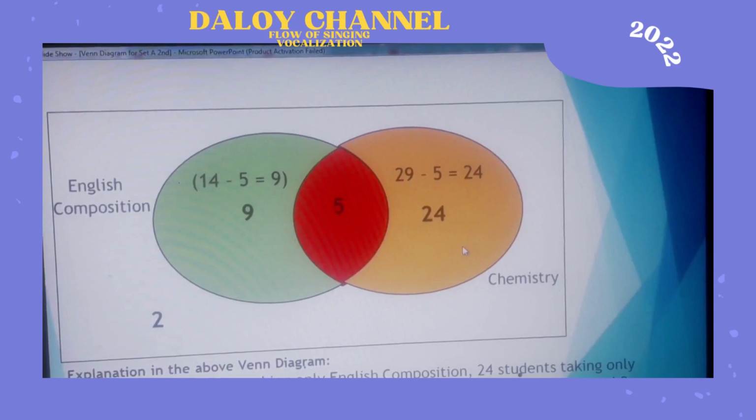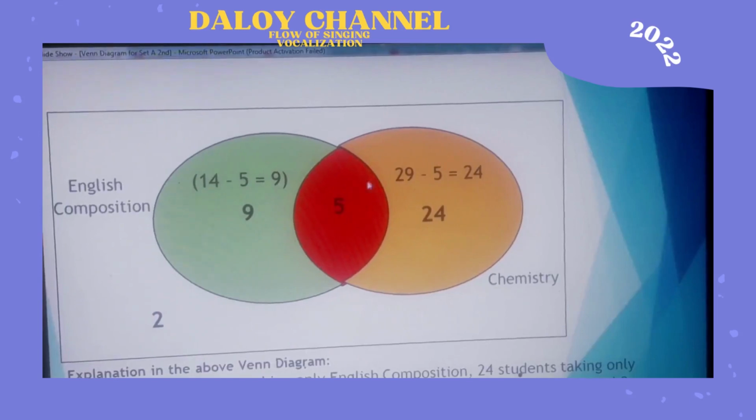With the chemistry class, there are 29 who enrolled in the subject. But since 5 is common, 29 subtracted by 5, we have 24 students in the chemistry class only.